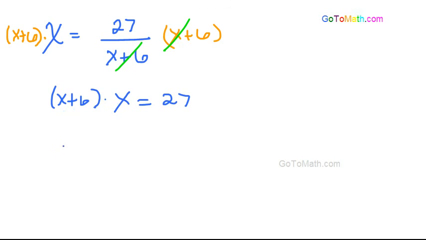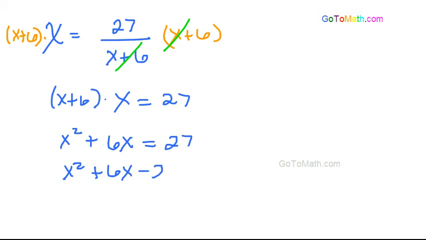Let's go ahead and distribute that x across. We have x squared plus 6x is equal to 27. X squared plus 6x minus 27 is equal to 0. Alright. So we can now factor this thing.